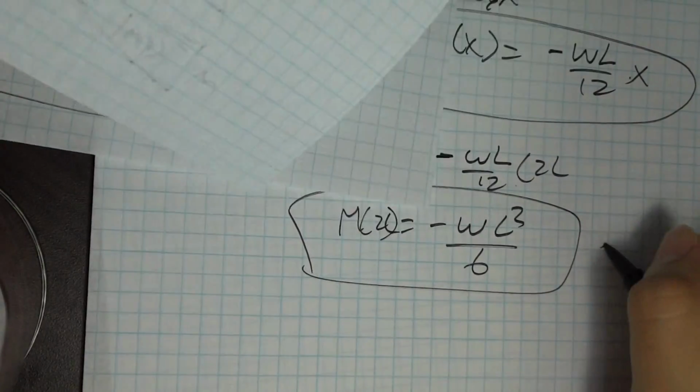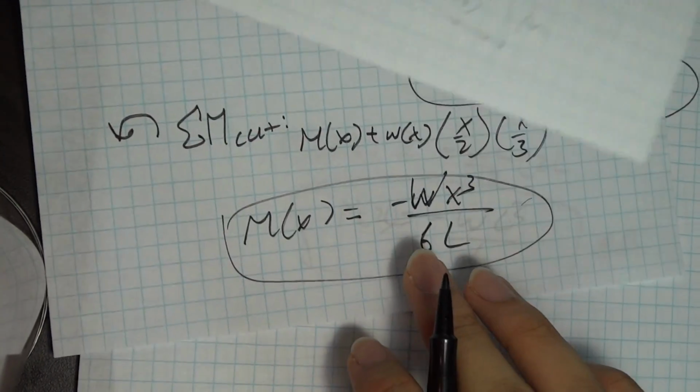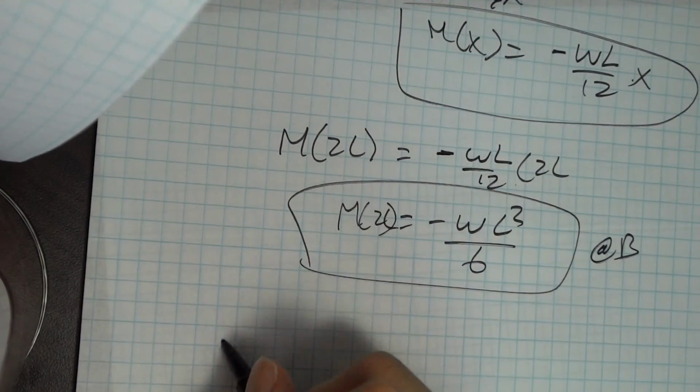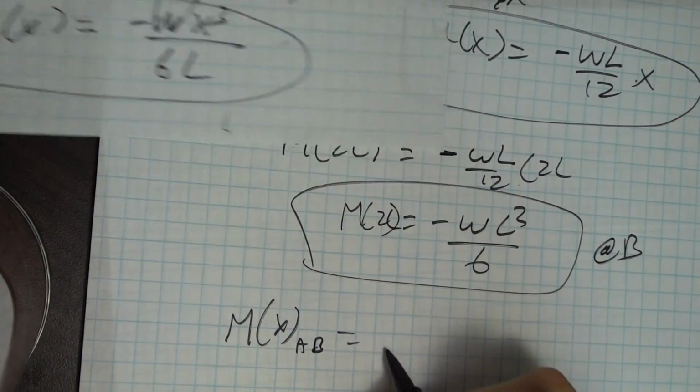So this is the moment at B. I also have an equation going from A to B. My M of x from A to B is equal to negative Wx cubed on 6L.